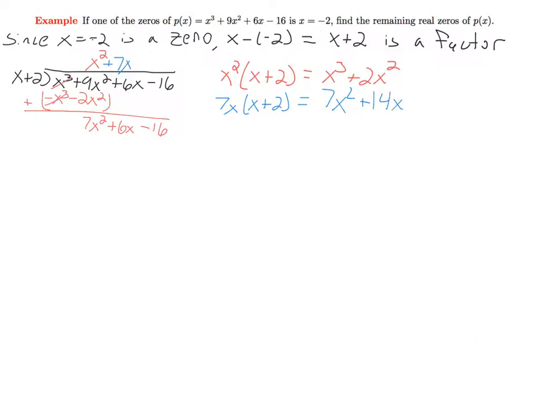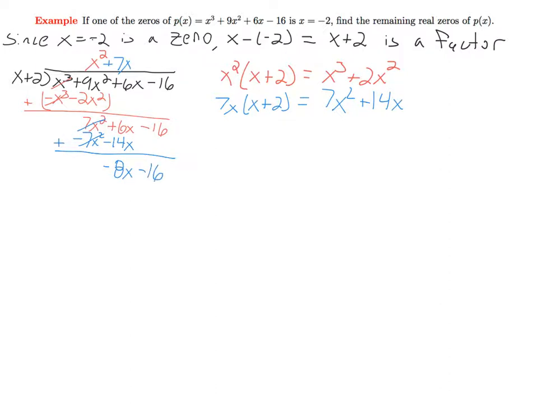And now we're going to subtract that. So in other words, I'm going to add minus 7x squared minus 14x. So when we add this, we get leading terms canceling, and what's left is minus 8x minus 16.